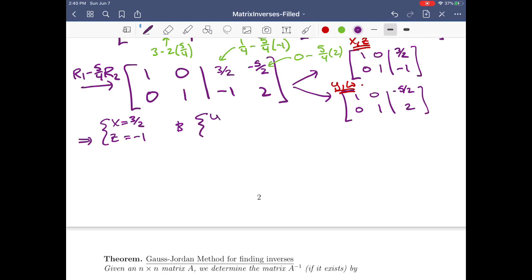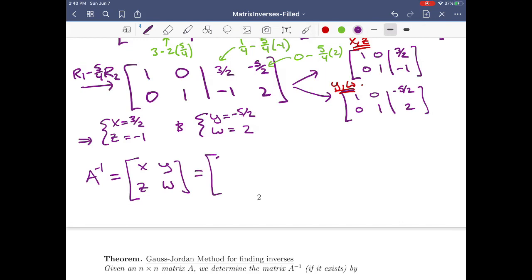And from the other one, I get Y equals -5 over 2, and W equals 2. So now we figured out what are the entries in A inverse. So remember A inverse was X, Y, Z, W. Now I know that this is 3 over 2, -5 over 2, -1, and 2.